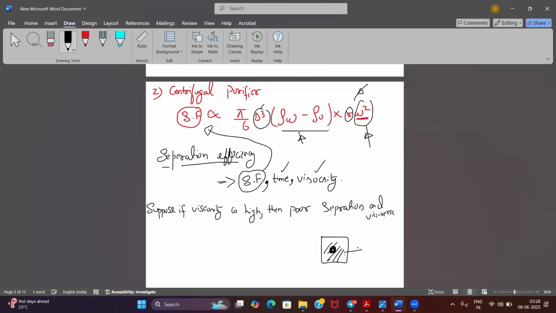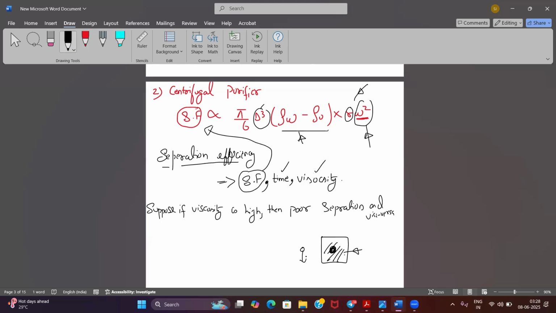If the temperature of this oil is less, this water molecule, when it is coming downward, will have to come across the drag forces of the oil. If the temperature is less, it will feel that drag force, and separation will not be very good.